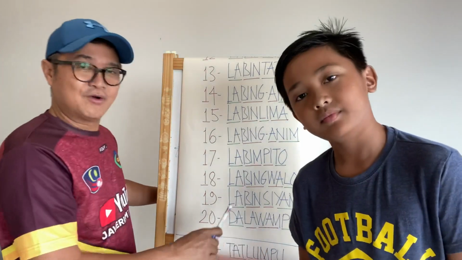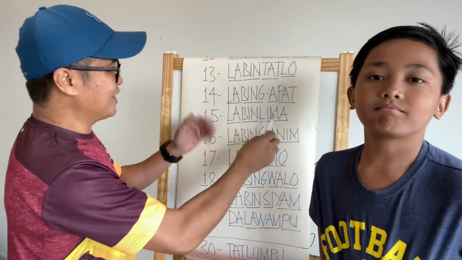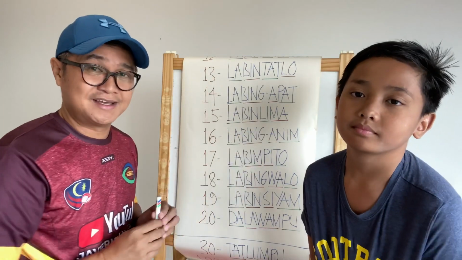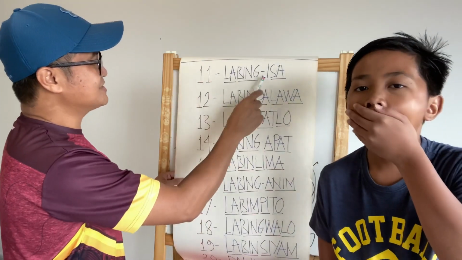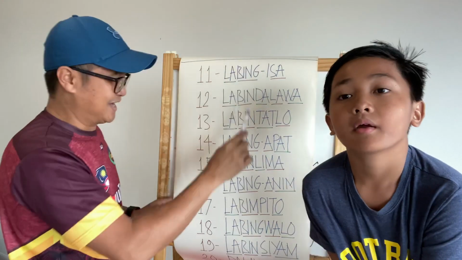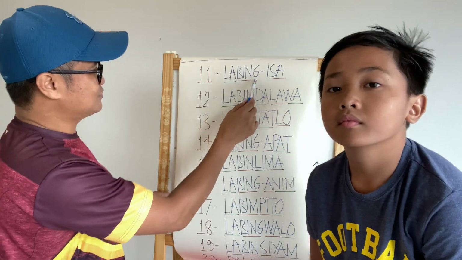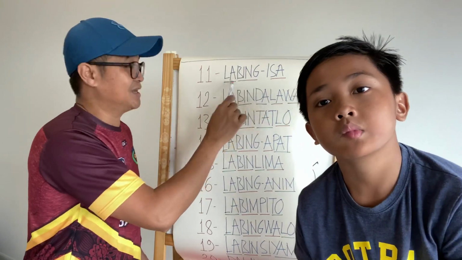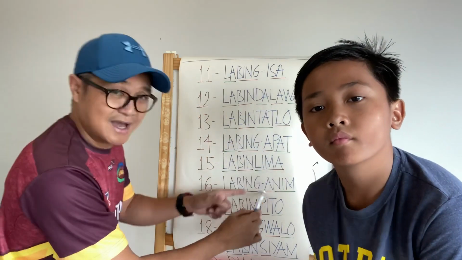Okay, if you notice, we are going by vowel and consonant here. Labing isa, because isa starts with a vowel. Apat is the same, so we actually put in the ng: labing isa, labing apat, labing anim.